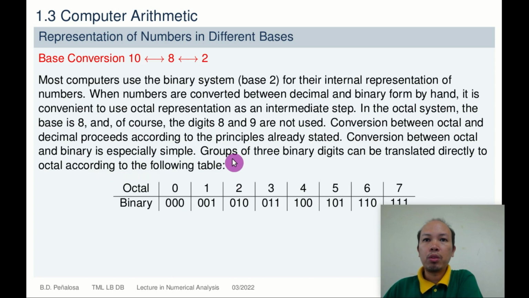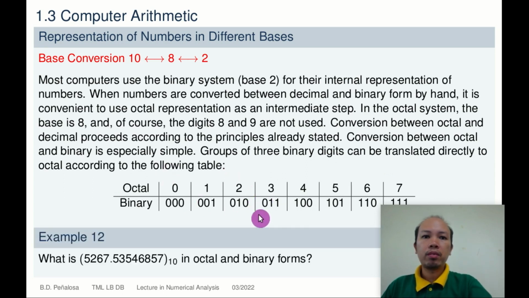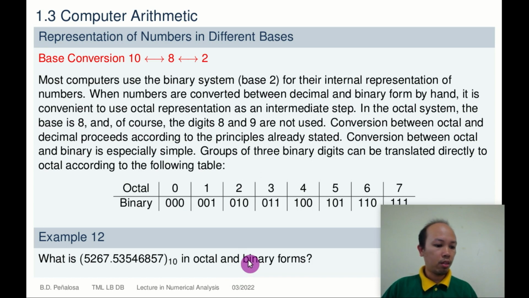What you will do is group the binary digits into three binary digits, and then use this table. For example, if you are going to convert this into octal, and then after that into binary, let's have an illustration here.